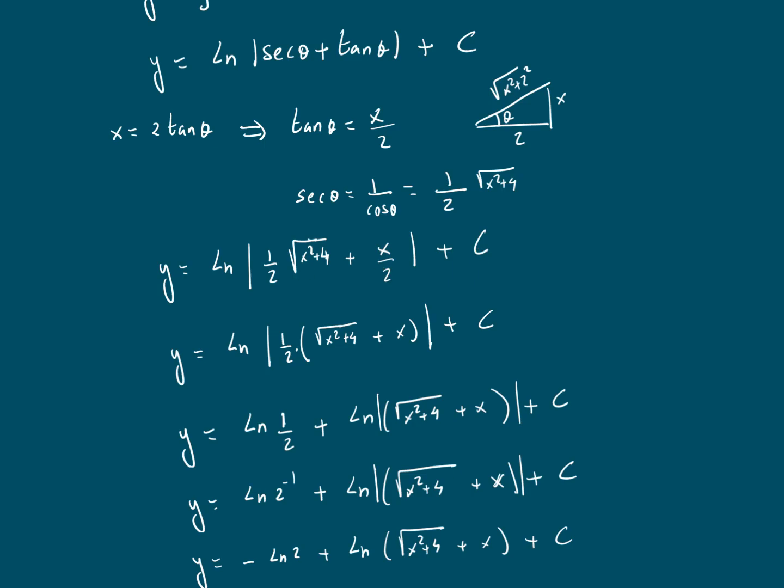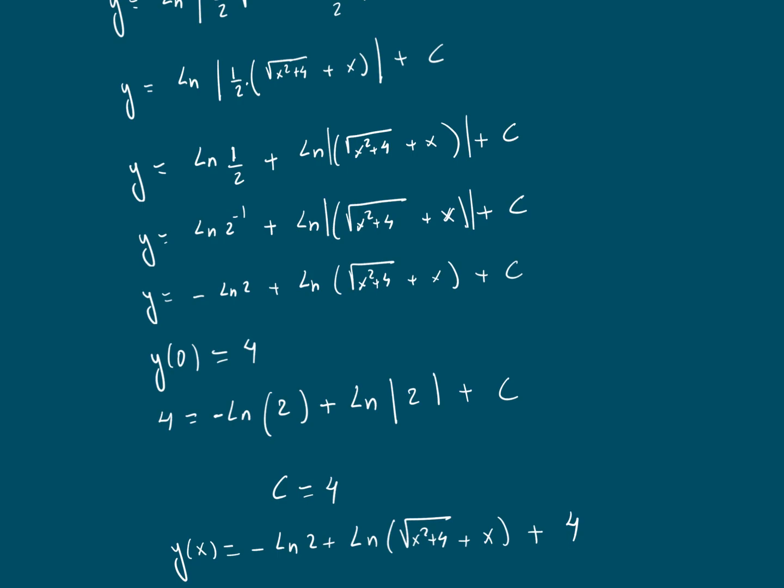We can manipulate this expression to obtain something like this, and from here we can work the initial condition. It says that when x equals 0, y equals 4.